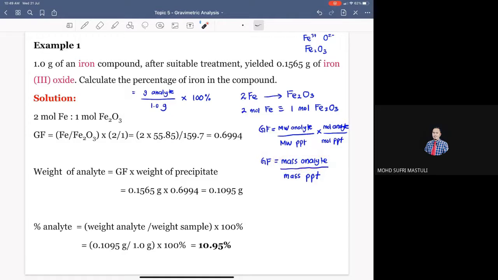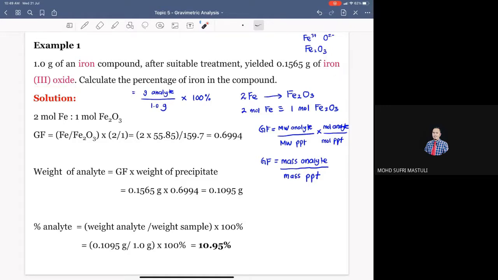So the mass of analyte is the gravimetric factor times mass of precipitate. Sorry, not this one. This one is the mass of sample. The precipitate is iron oxide.